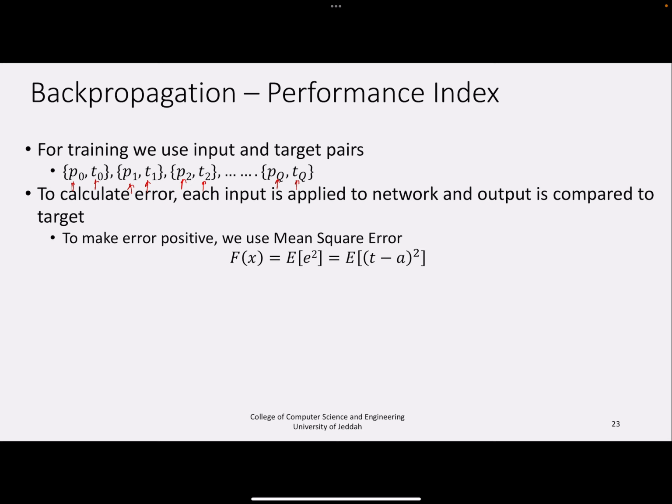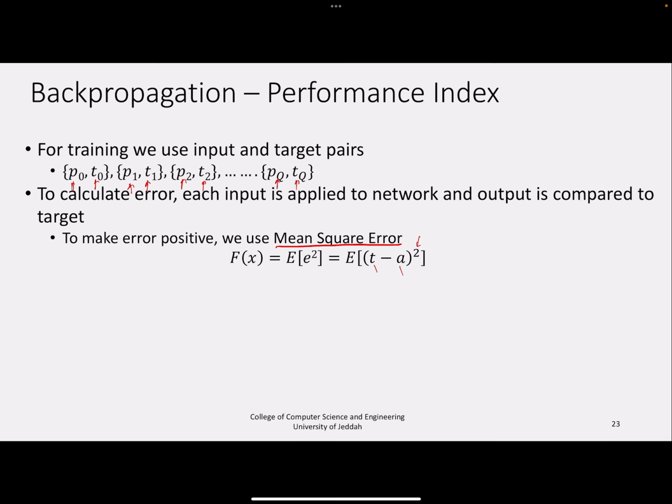And the first question is, how do we measure the error? A very commonly used function for quantifying error is the mean square error function. The mean square error function is basically the average difference between target and actual output squared, and the average of that over all possible inputs.